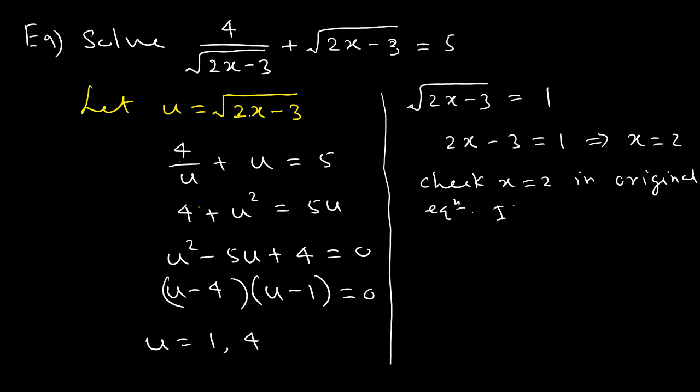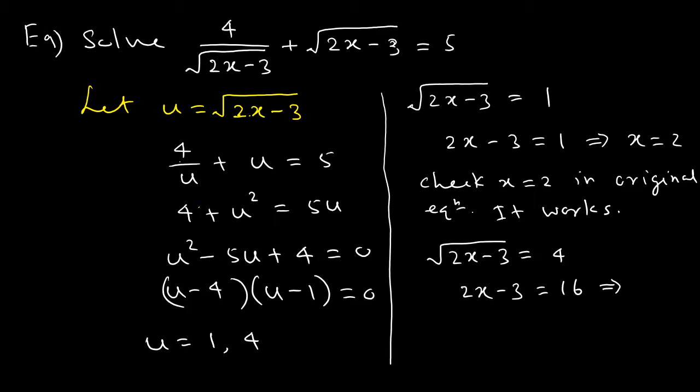It works. Then go with the other one: the square root of 2x minus 3 equals 4. Square it, and you get 2x minus 3 equals 16.